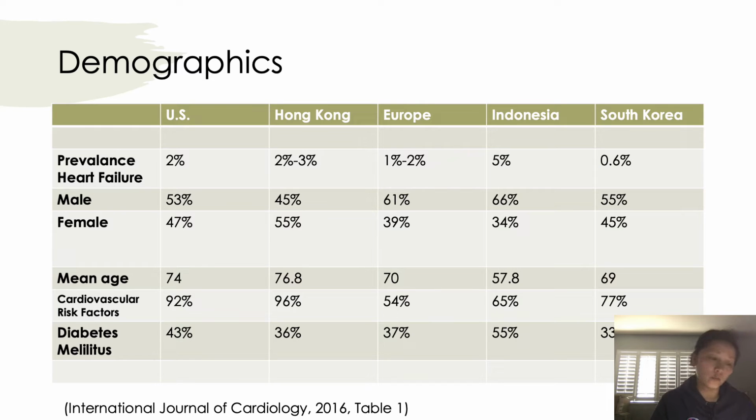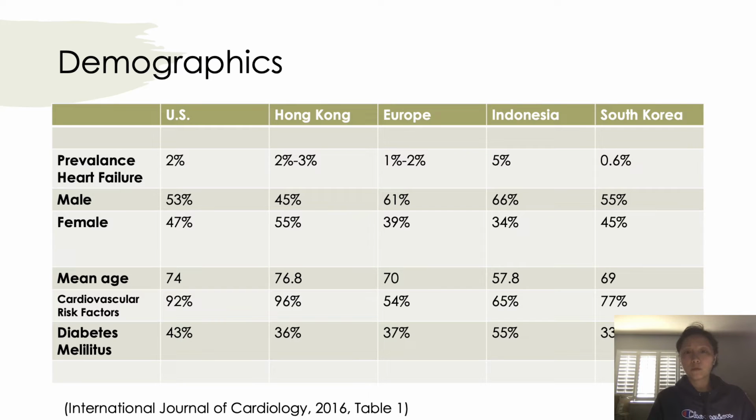In the US, there are more than 3 million people affected currently, and every year 400,000 people present with these symptoms. If you look at the demographics in the US, Hong Kong, Europe, Indonesia, and South Korea, almost 2% of the population has this problem.